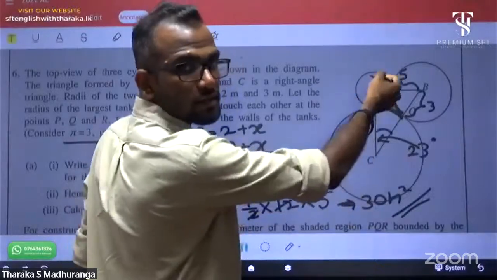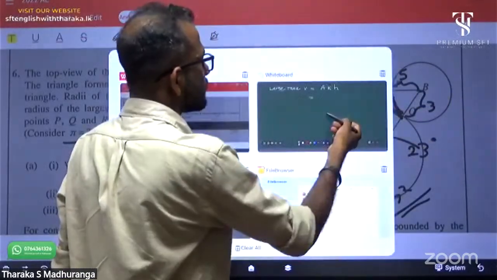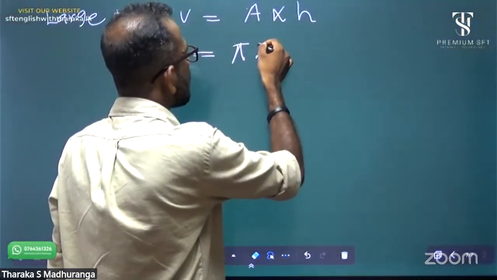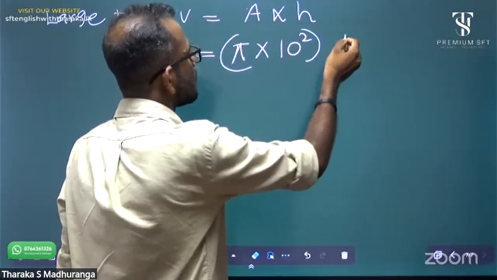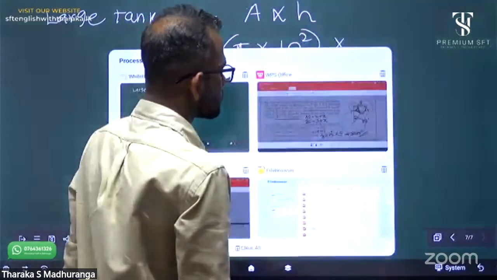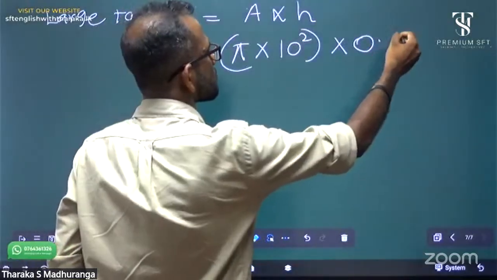This is a small tank. This is a medium tank, right? Now it is 10. Pi r squared means pi into 10 squared into h. h means 0.65 meters.